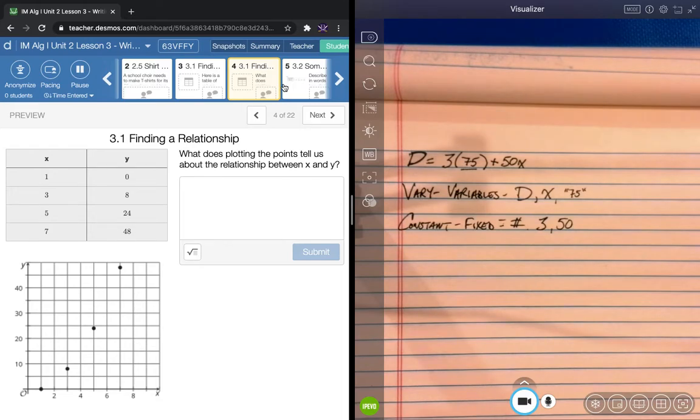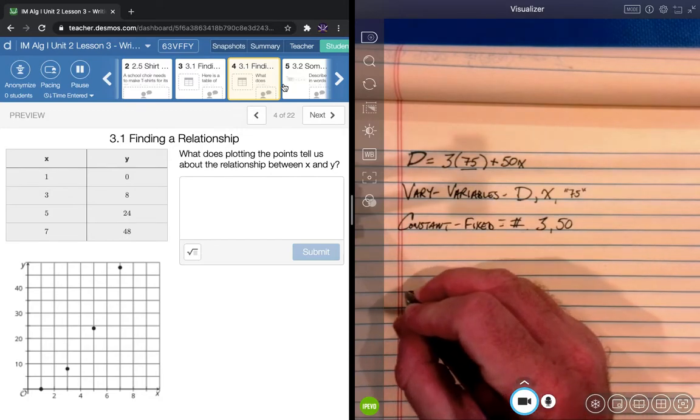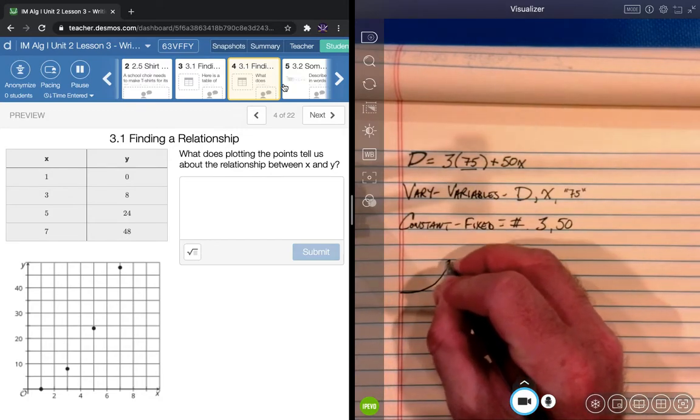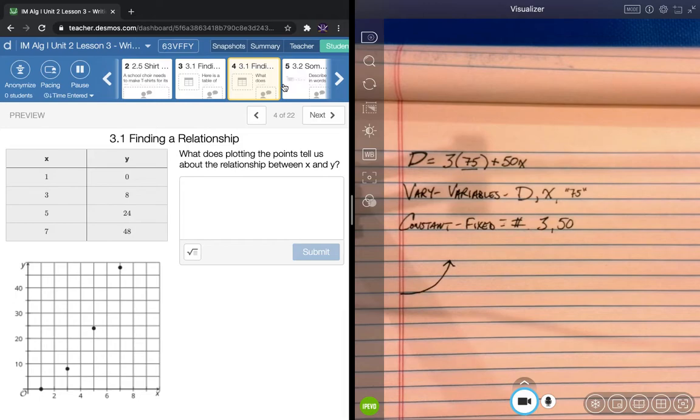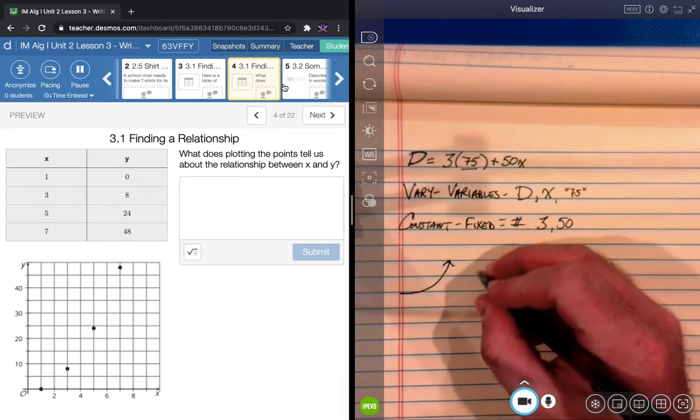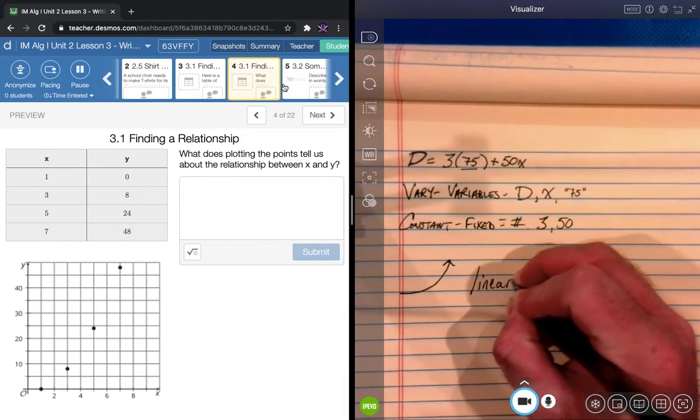Now we look here, plotting the points. What do we see here? A couple of things that we do know. We know that's going to be an exponential problem. You probably didn't talk about those in 8th grade, but that's going to look like this, where it's not a straight line. What we need to learn is, is it linear?